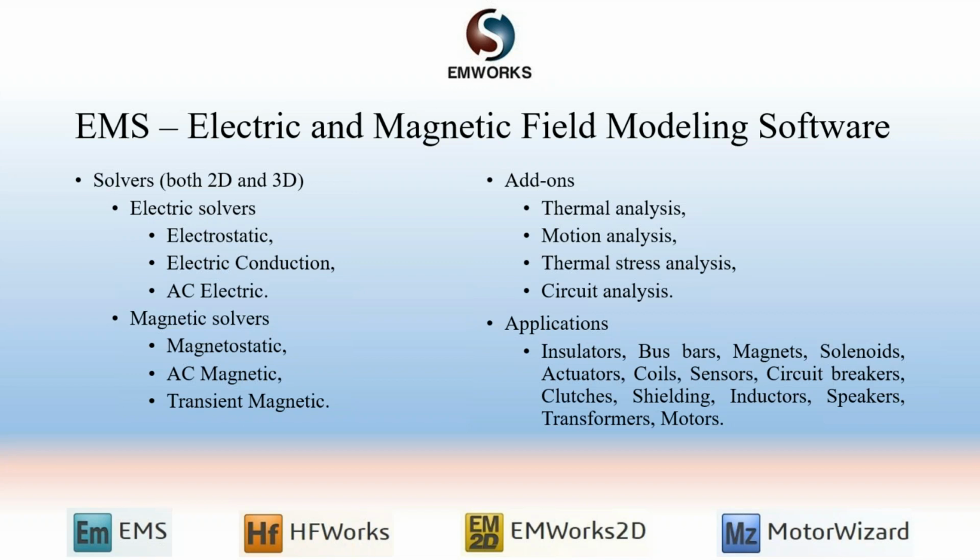The magnetic solvers are magnetostatic, AC, and transient magnetic. EMWorks also offers a few add-on solvers. We can do thermal analysis, motion analysis, thermal stress, and also circuit analysis. And these act as add-ons.